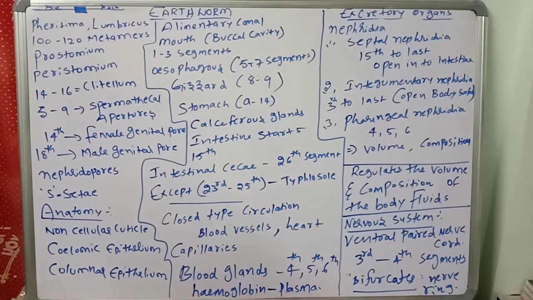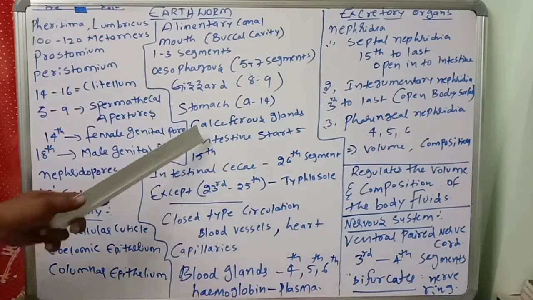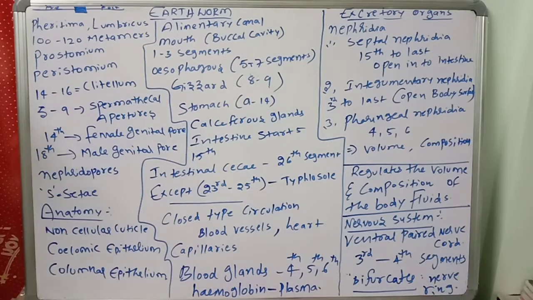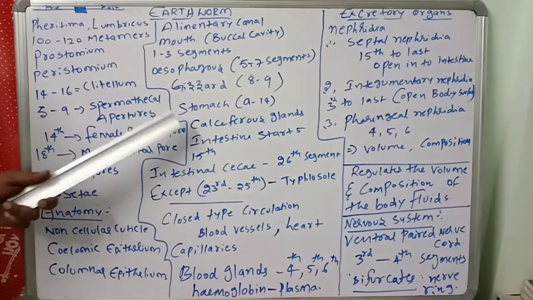That is done by glands in the digestive system, called calciferous glands. The intestine starts from the 15th segment onwards.